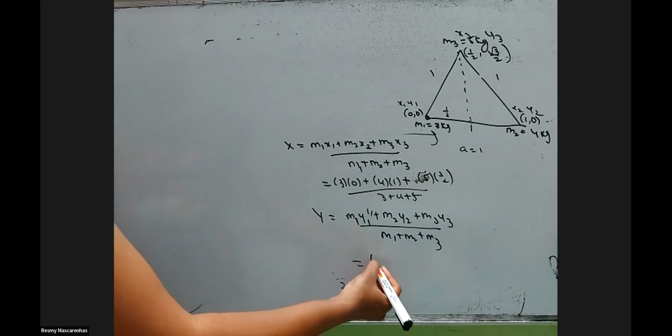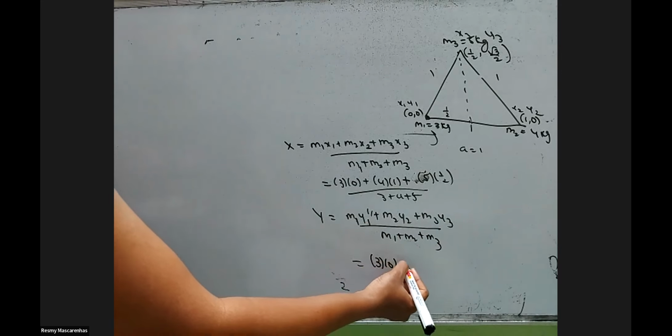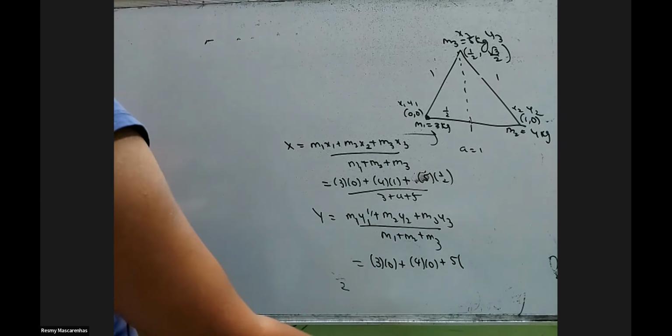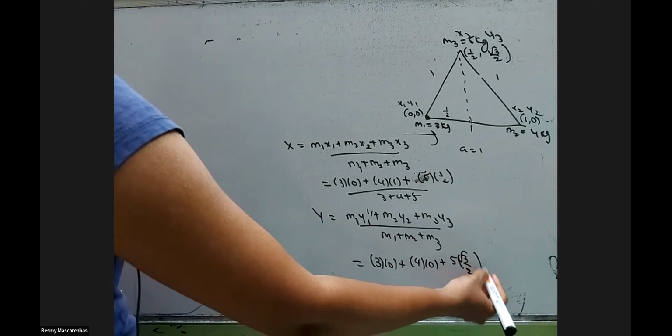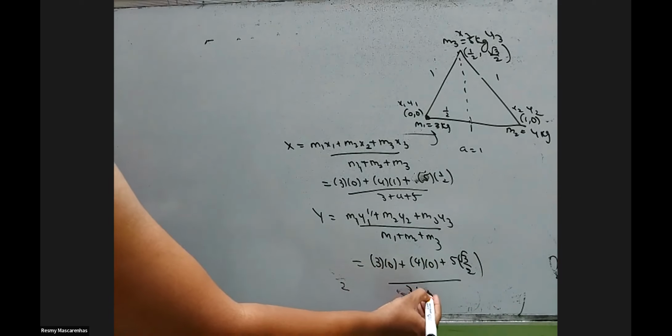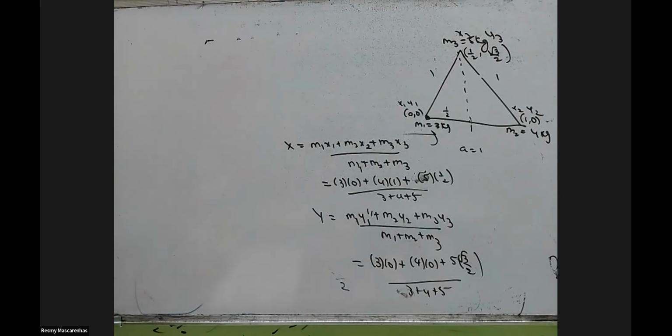And for y, 3 into 0, 4 into again 0, 5 into root 3 by 2. The answers are given in the notes. You can calculate and confirm. In the same way you can solve the other problems also.